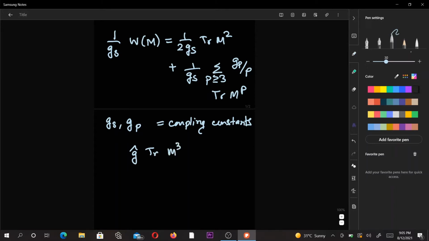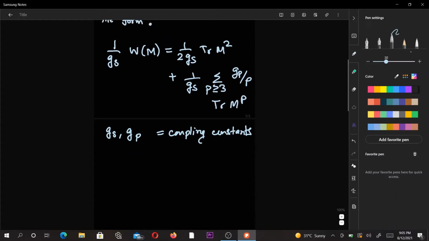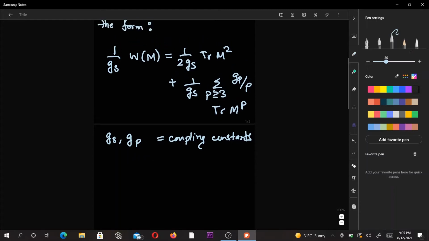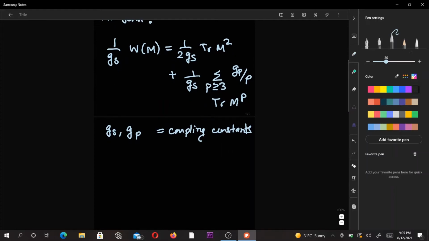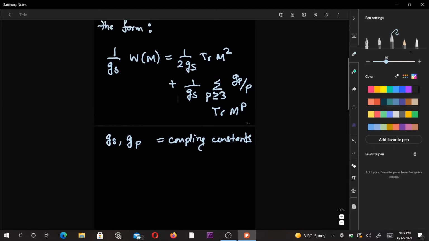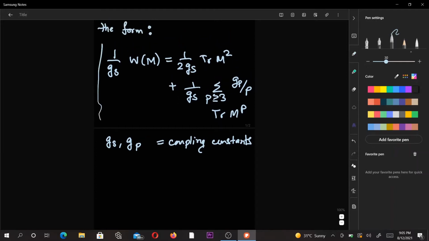These are basically constants, so you can write them in any way we want. In this notation, you have the freedom to write the coupling constant as a denominator. So this is a general form of our potential, a Gaussian potential plus some anharmonic term.